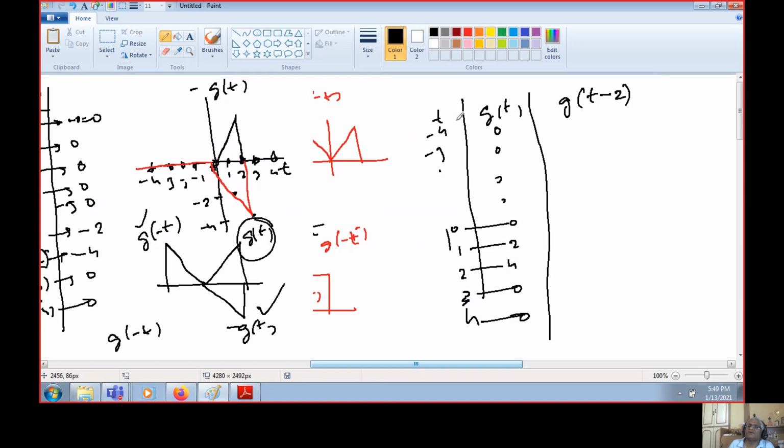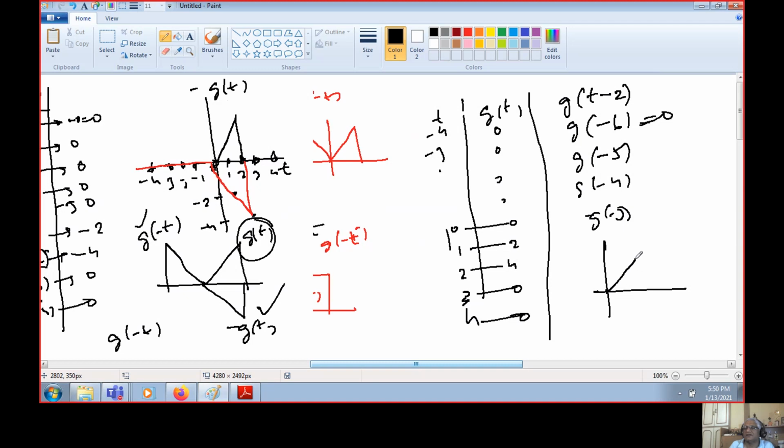So at t equal to minus 4, this will become minus 6. If you get any value of t which is not there here, assume it is equal to 0, because anything outside is considered as non-existent for us. So minus 6 you will get, minus 5 you will get, minus 4 you will get, g of minus 3 you will get, and like that, and you try to plot that function. So you will observe that if this is g of t, this is 0, 1 and 2, no?